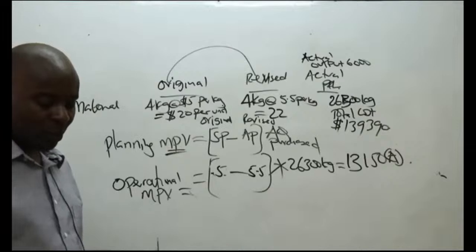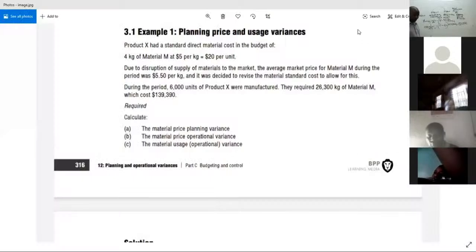Is there somebody who has a figure for us already? I can see Boniface has a correct figure there for operational material price variance.